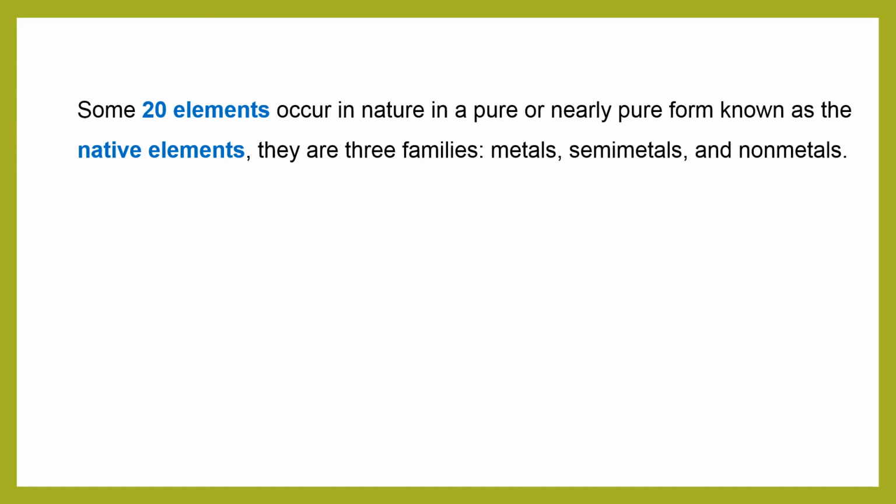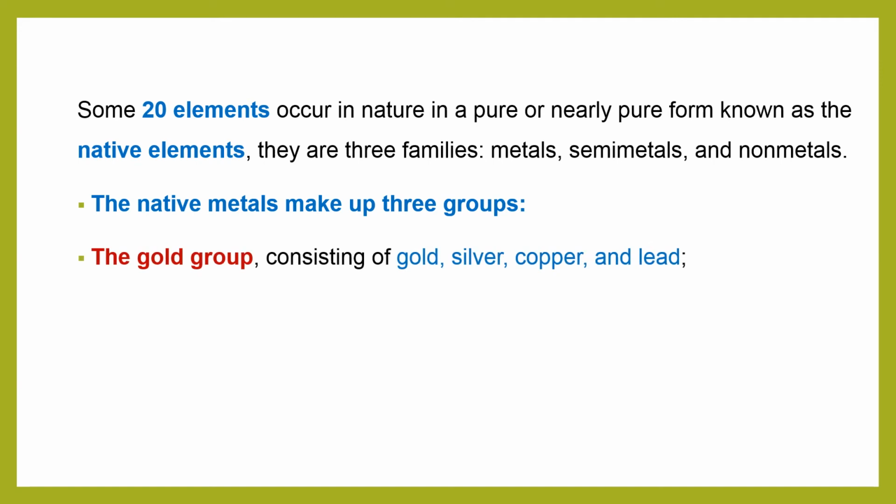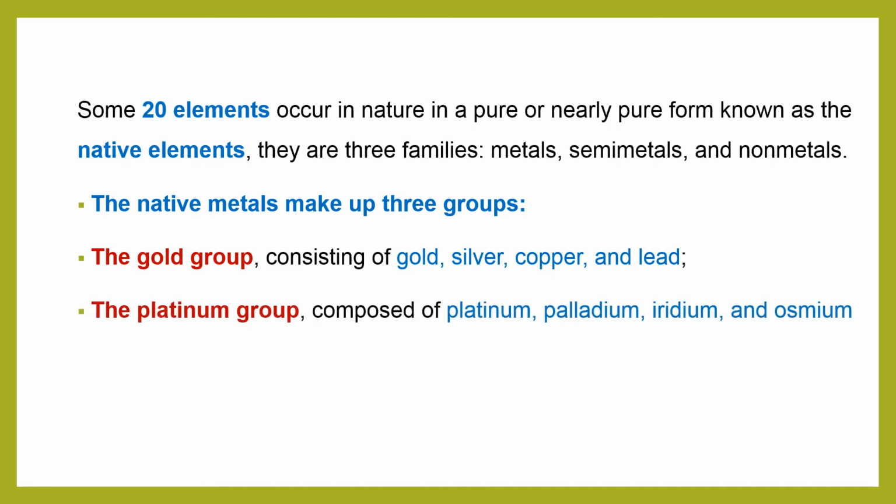There are three families: metals, semi-metals, and non-metals. Native metals make up three groups: gold group, gold, silver, copper, and lead; platinum group, composed of platinum, radium, and osmium; iron group contains iron and nickel.